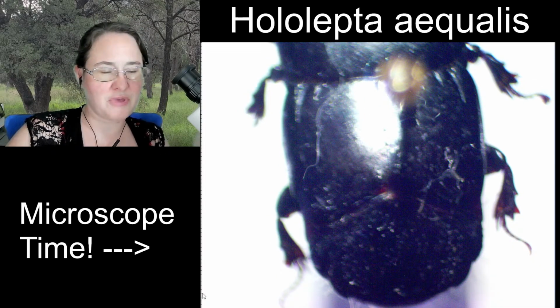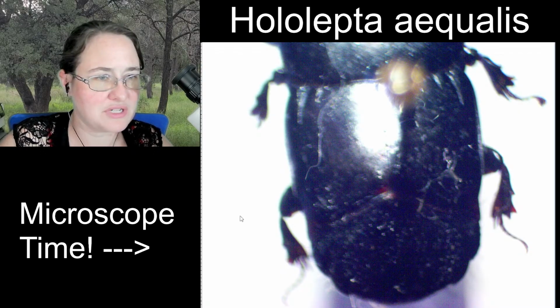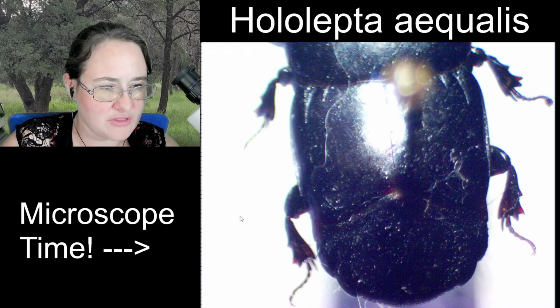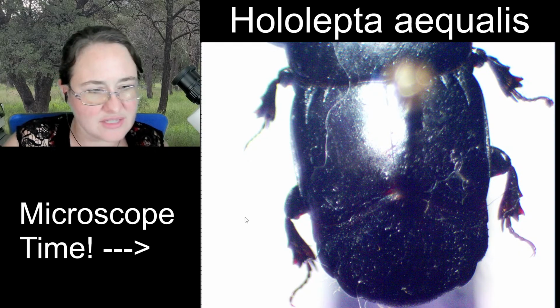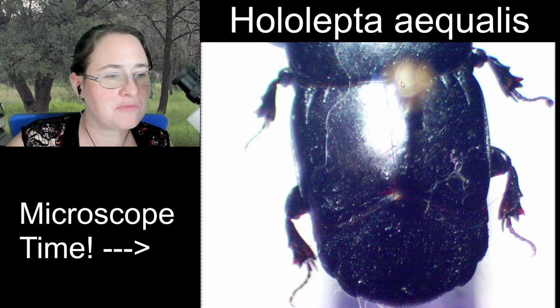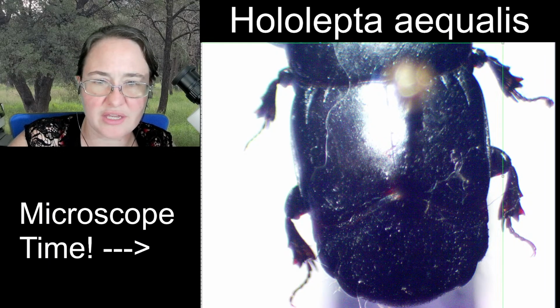I got the pin out of the way for the most part, just blocks the part that we don't need to see anymore. Then I'm going to get the back in focus, and I can see those lines even better now. But let's go ahead and continue with this light.